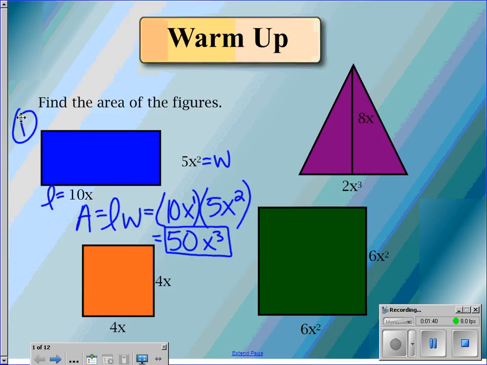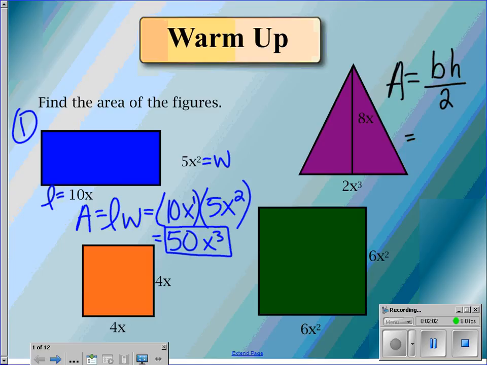Now the triangle is next. Okay, what's the formula for the area of a triangle? Base times height divided by 2. What's another way to write that?